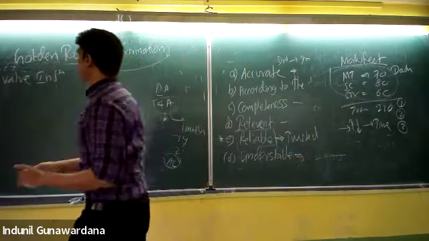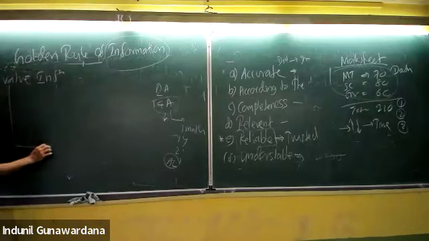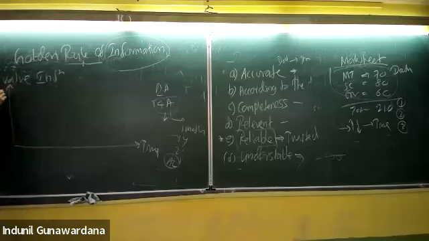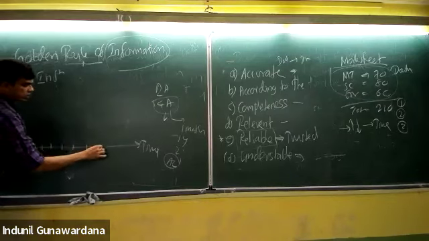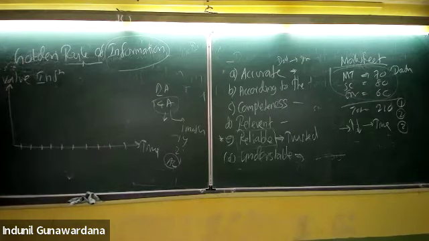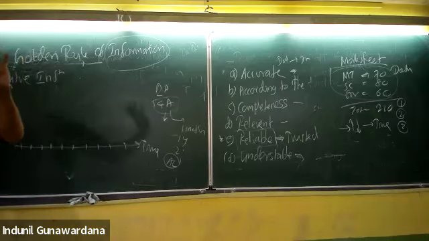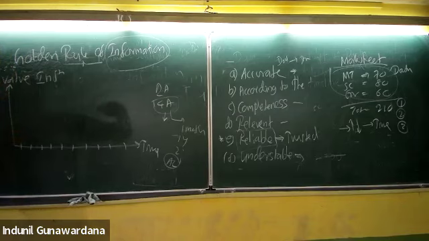Then that can be visualized graphically in this manner. This is the time, and this axis is the value of information. The time continues, maybe months, years, days, or whatever. And the highest value of information is obtained at what time? That particular information has the highest value. Along with the time, you say that it reduces.